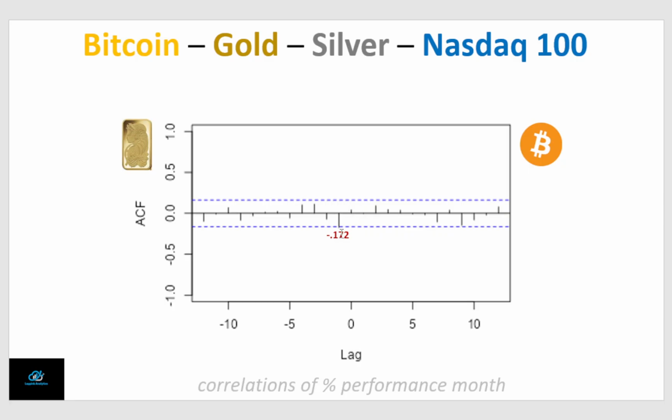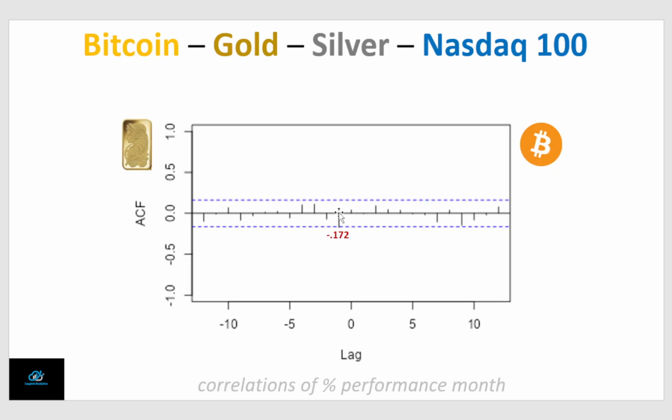The only correlation which slightly exceeds these bounds here, to the downside, is this minus 0.17, which is a small correlation really. It indicates that better gold performance in a given month predicts worse Bitcoin performance in the next month, and relatively worse performance of gold in one month predicts relatively better performance of Bitcoin in the next month.